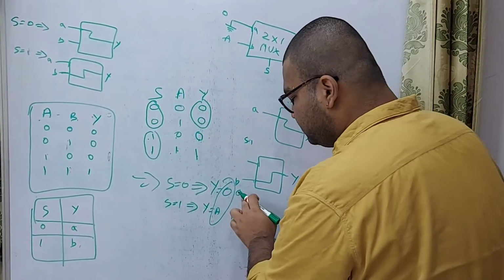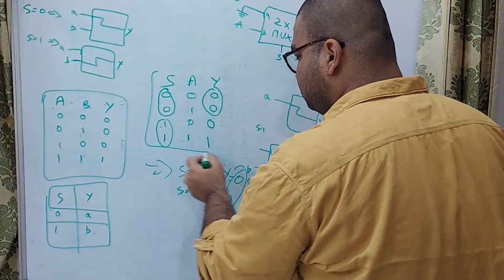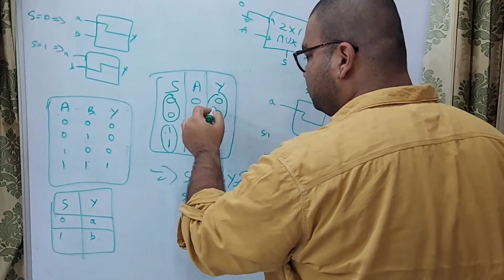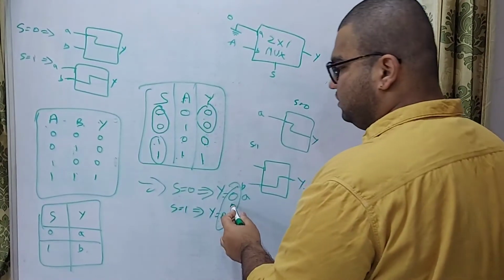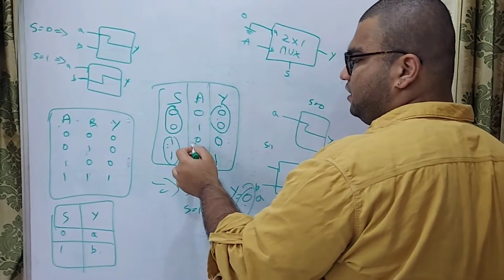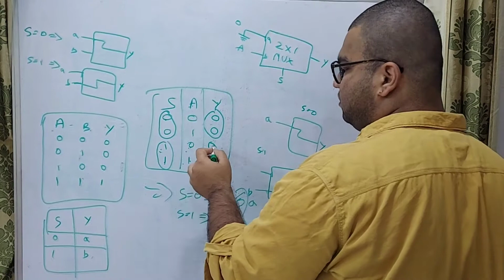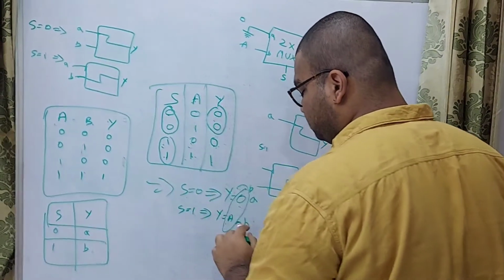If you are not clear with this one, I am going to tell you again. From this table, we have seen that when S is 0, Y is 0 anyway. When S is 1, Y follows the values of A. That is, when S is 1 and A is 0, Y is 0. When S is 1 and A is 1, Y is also 1.